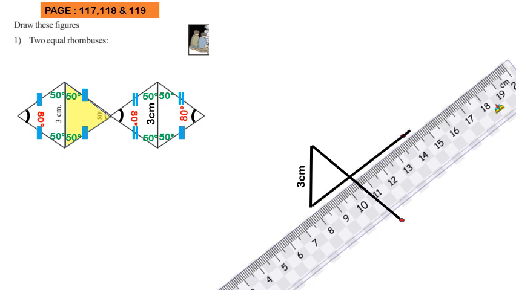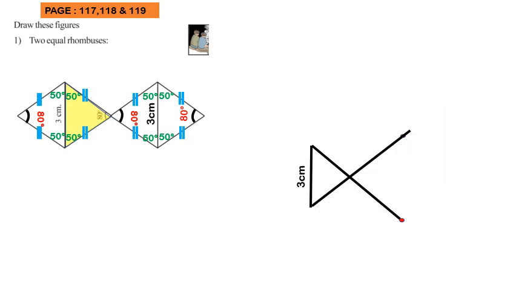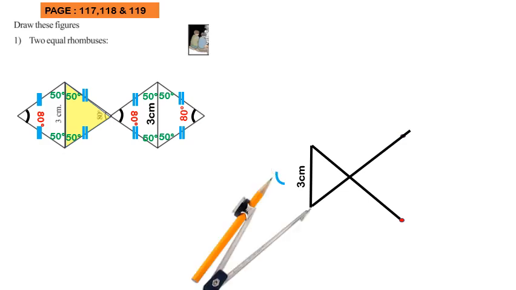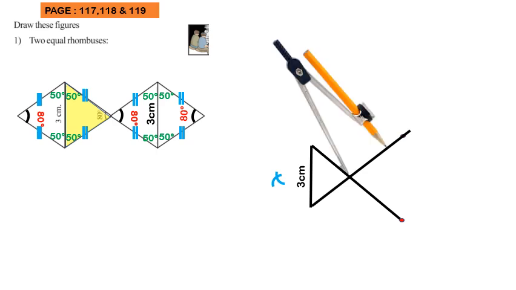We know this distance is the measurement of each side. So then use a compass, take this distance in our compass and draw arcs to the opposite sides from both ends of the vertical line.